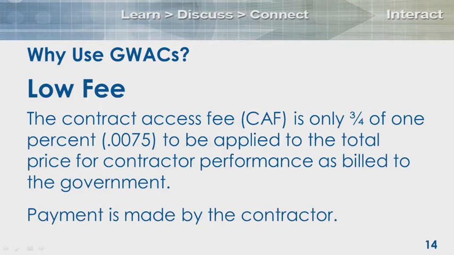This is always a big question that I get: the contract access fee, or in the schedules world they call it the Industrial Funding Fee. So we've all heard that it costs 0.75% to use a GWAC, right? Or a GSA vehicle. And I've got to be honest with you guys, as long as I've been in the GWAC program, I've never seen anybody write a check and we cash a check from another federal agency.